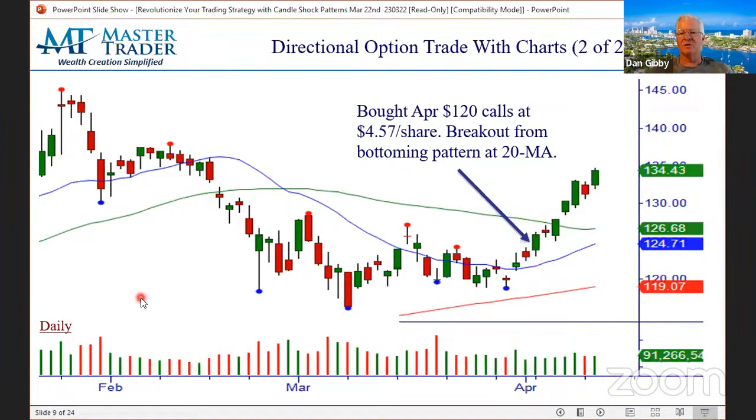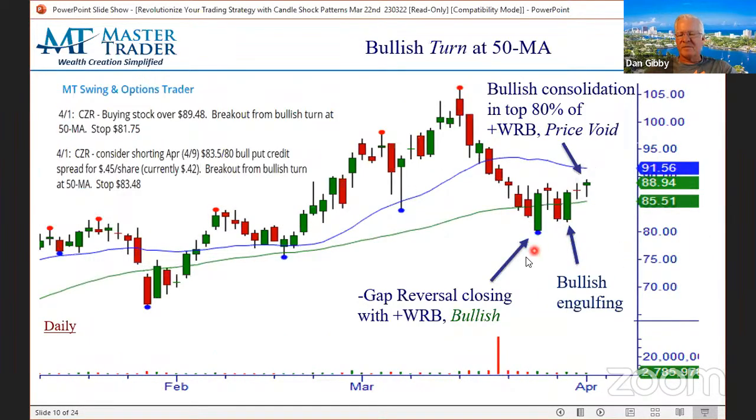This is the same chart afterwards, in which we gave our subscribers another option trade because they were liquid: over the high of this red bar, buy these 120 in the money calls, and beautiful trade. This is not so much a shock per se, but the combination of all these bars together created an awesome bullish turn at the 50.